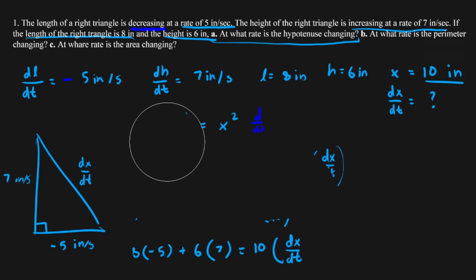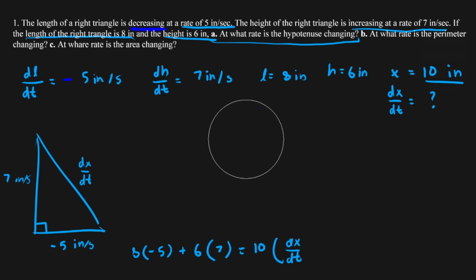So let's rewrite the equation. Now, this is simple algebra using a solve. So we're going to have dX/dt, or the rate at which the hypotenuse changes, is equal to 8 times -5 plus 6 times 7, all over 10.